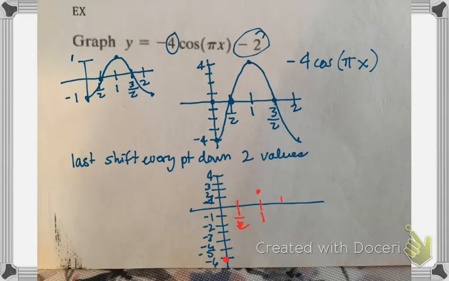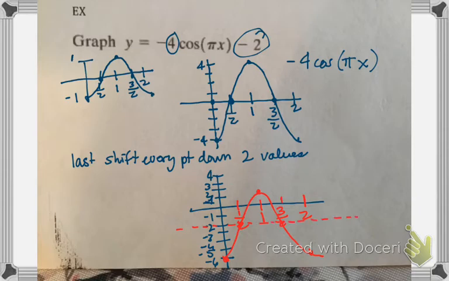At 3/2, I got the value of 0. Shifted down, I have negative 2. And finally, at 2, I had the value of negative 4, so shifted down, I now have negative 6. So this is all shifted down 2 units. So now the main axis is at negative 2.